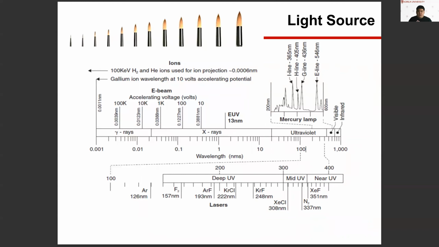Okay, let's move on to the light source. As I have told you before, the wavelength of the light wave should be narrower to make a greater and finer image. I'm going to tell you about how to make the light.